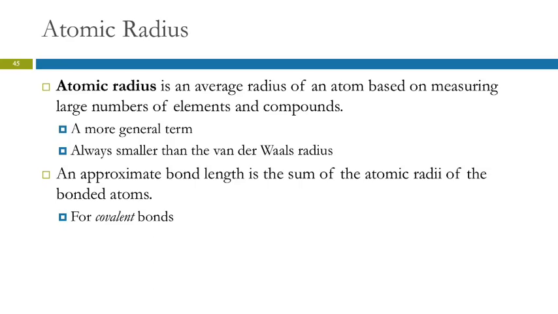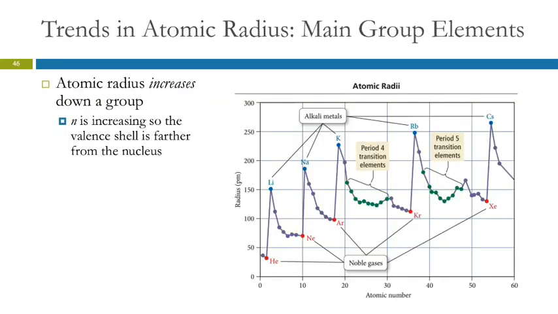If we want to know a bond length, we can estimate that by just adding the atomic radii of the 2 individual atoms. That works for covalent bonds. Ions are completely different.